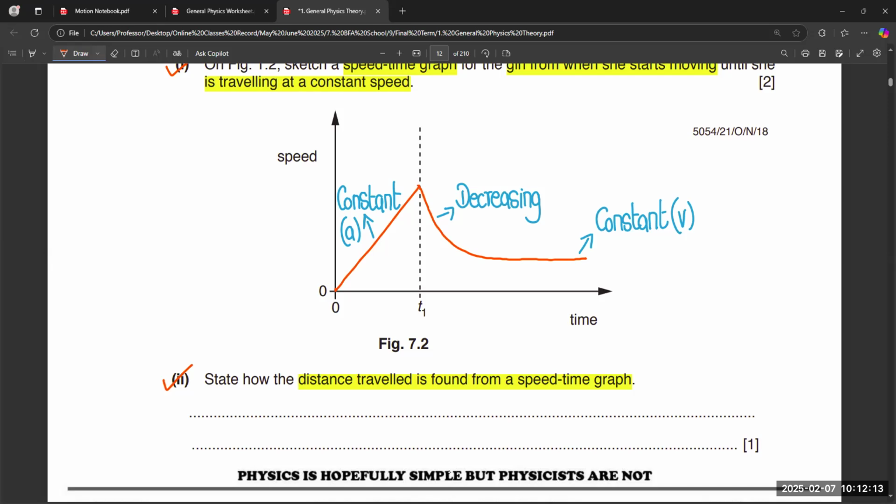Basically, by using the area under the curve, we can find out the distance covered by the body in a speed time graph.